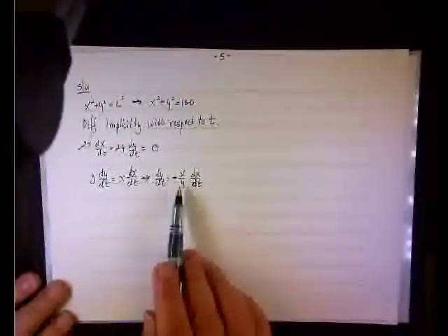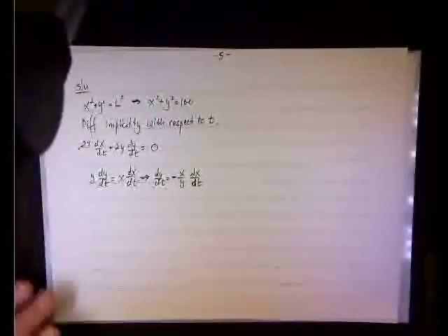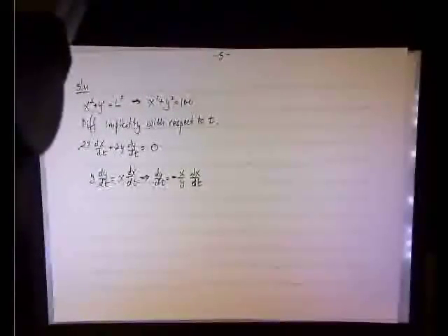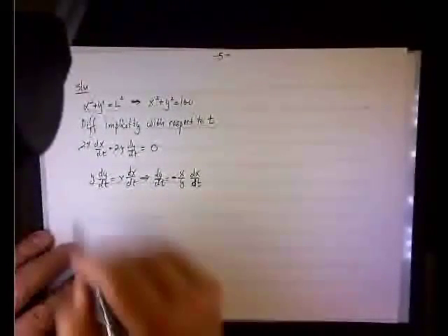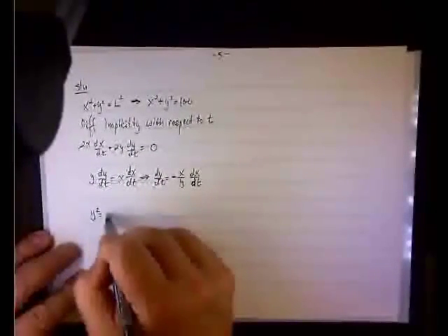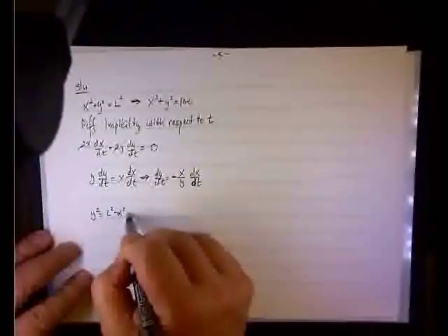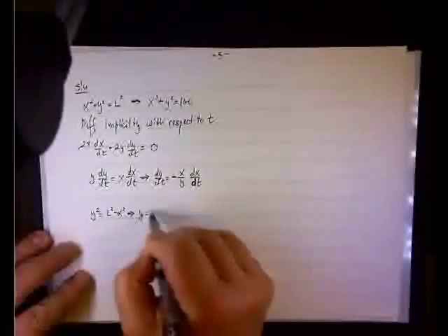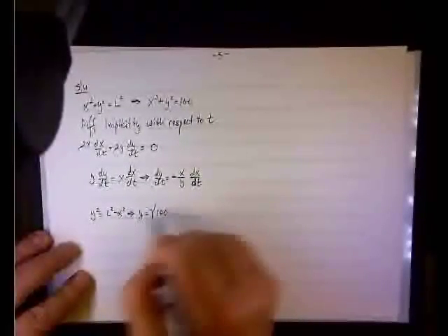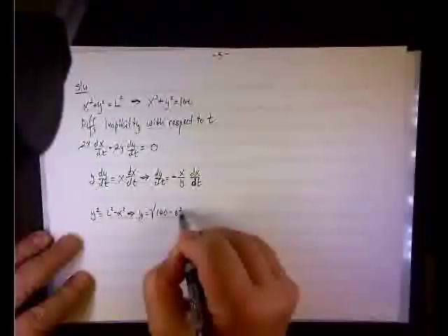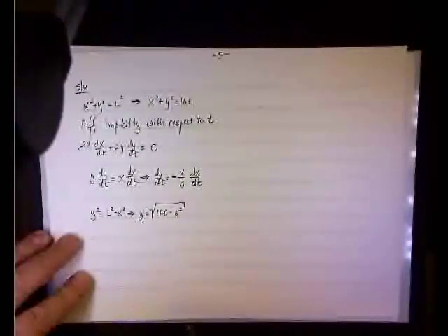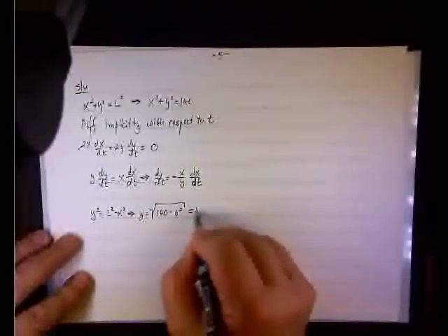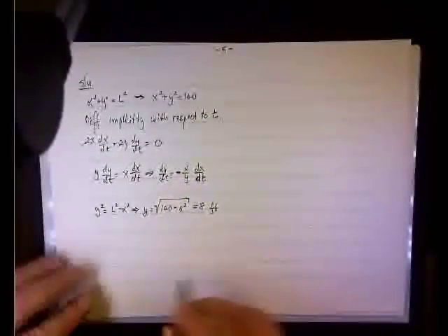Now, what happened? We need y in order to solve. We know x equals 6, but what is y? Well, going back here, y squared equals L squared minus x squared, and therefore y equals the square root of 100 minus 6 squared, and 100 minus 36 is 64, so it's equal to 8 feet. And now we are ready to go.